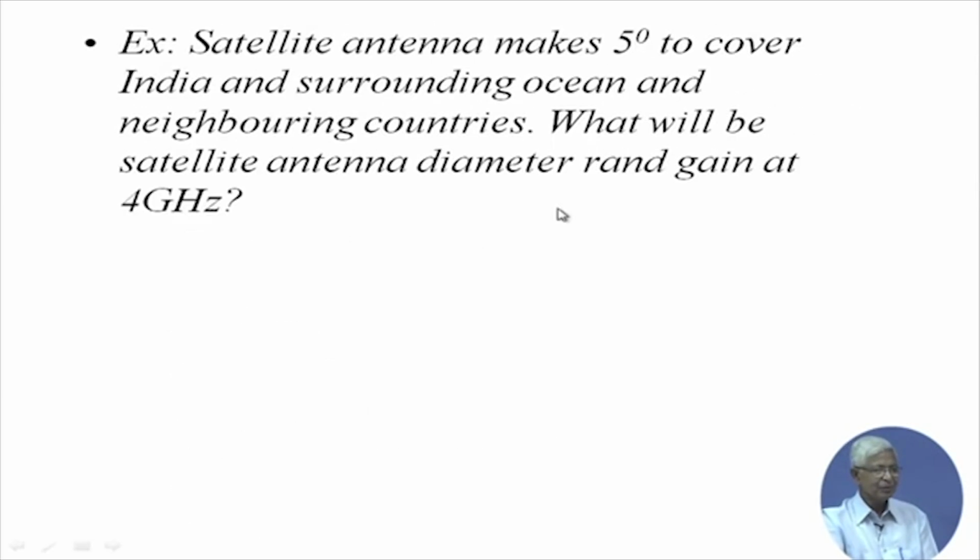Now, let us see what will happen for smaller angle, which is 5 degree, which covers roughly from geostationary satellite India and landmass. To cover India and surrounding ocean neighboring countries, what will be the satellite antenna diameter and gain? You just, instead of 17 you put 5.